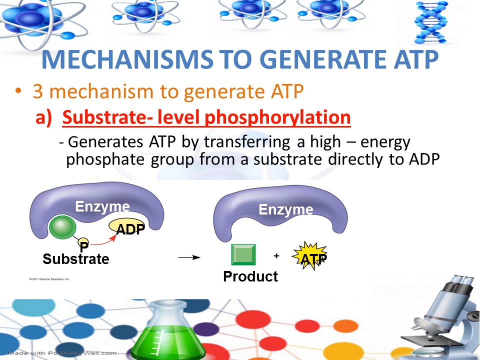Alright, so when the substrate transfers one phosphate group to ADP, now the ADP has gained another phosphate group, and it becomes ATP. And what happened to the substrate? The substrate will become a product. This substrate level phosphorylation we can look at when we learn about glycolysis and also the Krebs cycle.